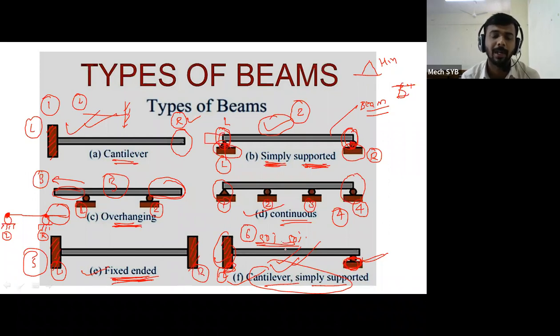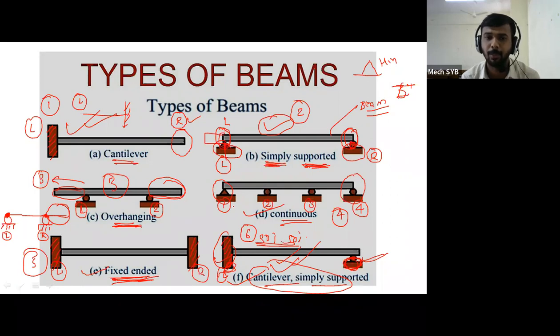But for your examination, in the MCQ examination, all these 6 types are very, very important, because in your MCQ examinations, definitions are asked based on the types of beams. One definition is given to you, and we have to check from the 4 answers which type of beam that definition is applicable to.